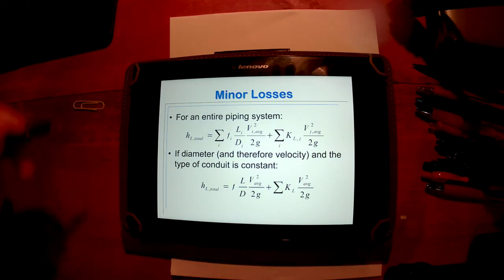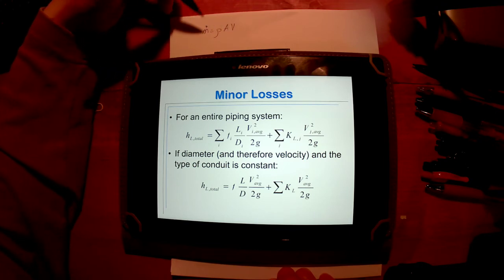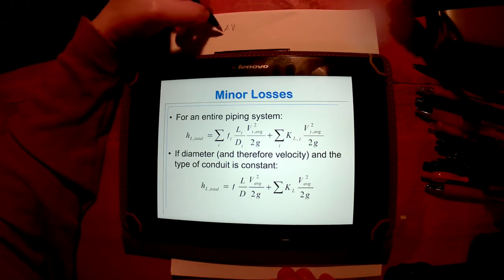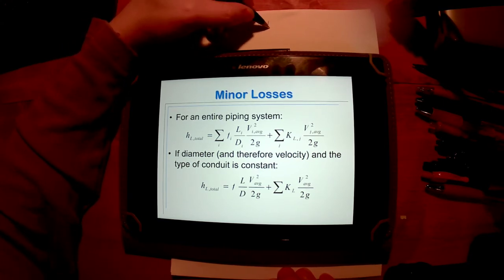So again, recall that m dot, which of course is equal to density times area times speed. So if the m dot is constant, this is 1, and that's equal to rho 2 A2 V2.